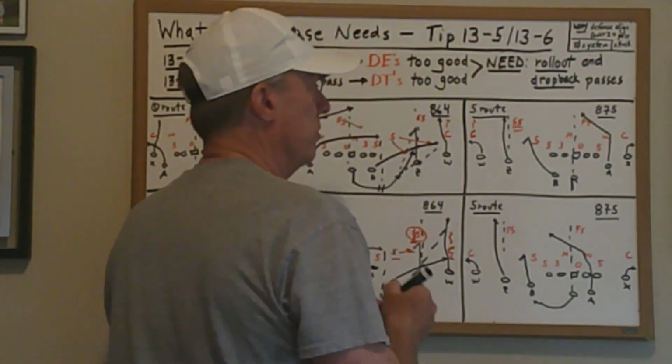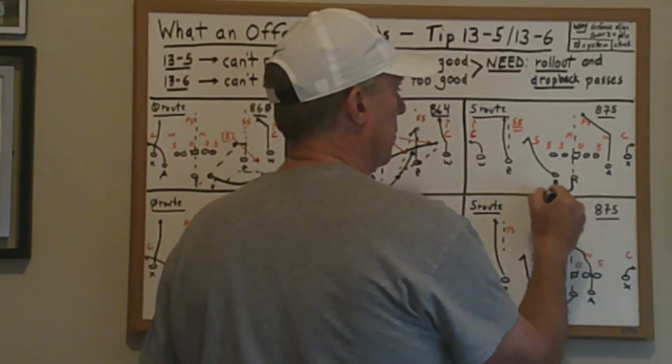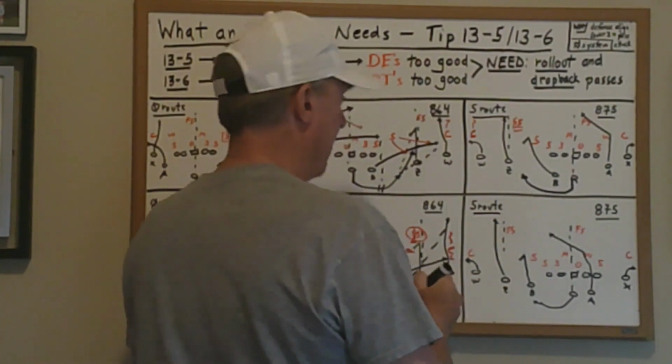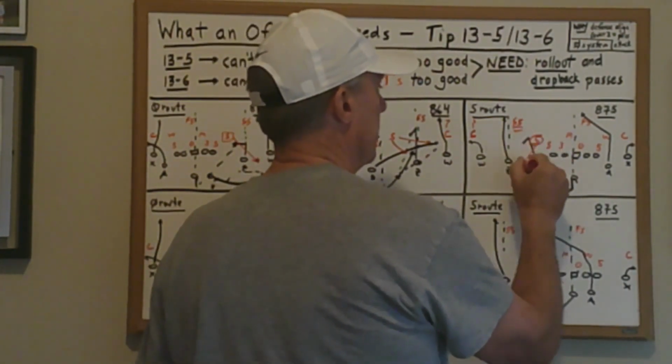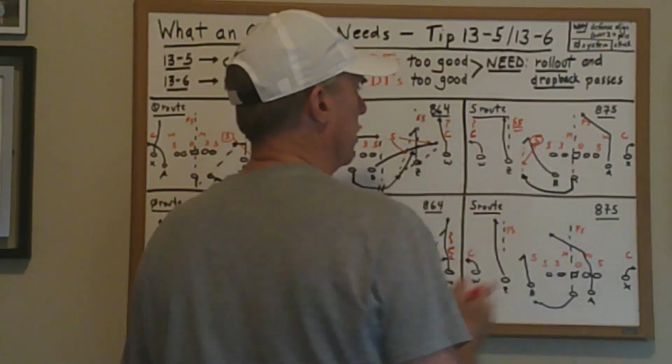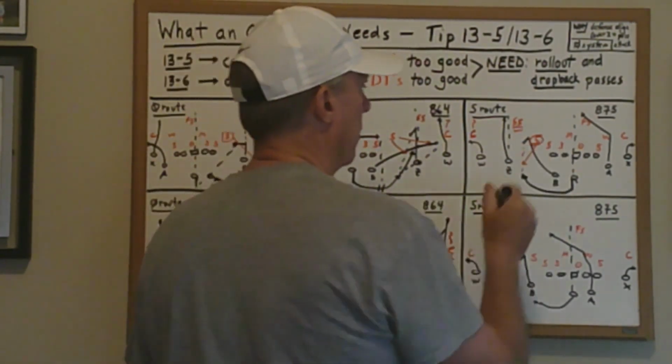If we turn this drop back into a rollout in 2x2, then what we have is we have the same linebacker in a bind in terms of if he goes run support, then we're just going to dump the ball to the B, all right?